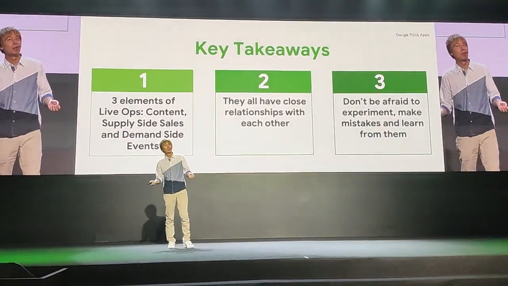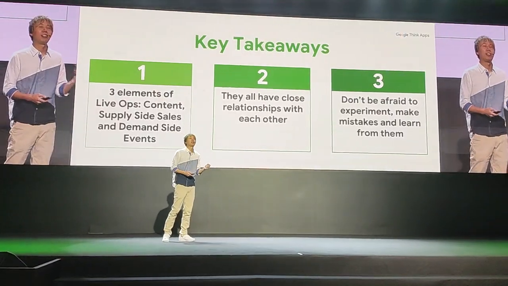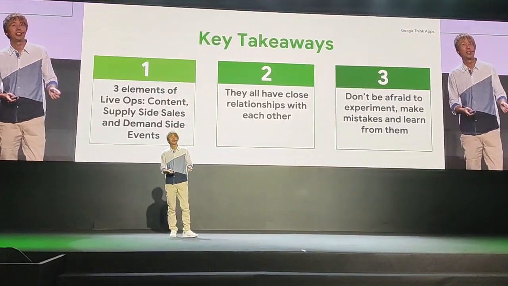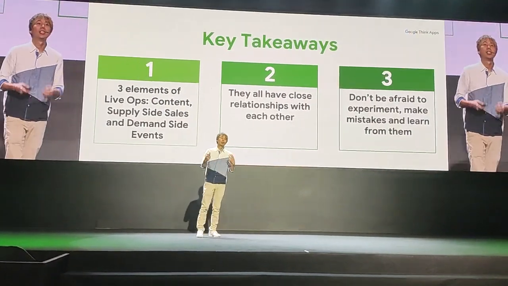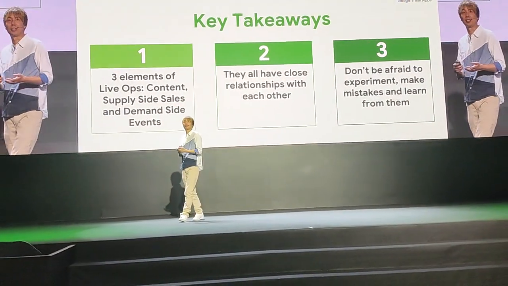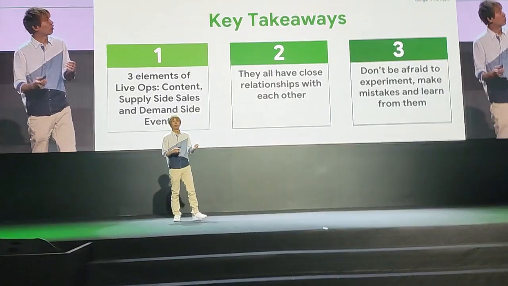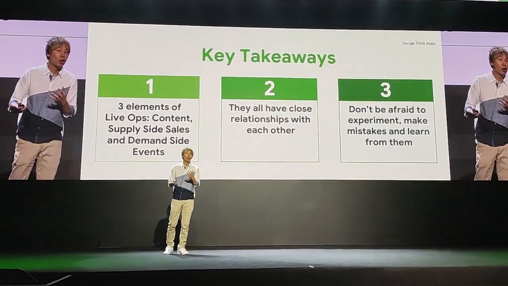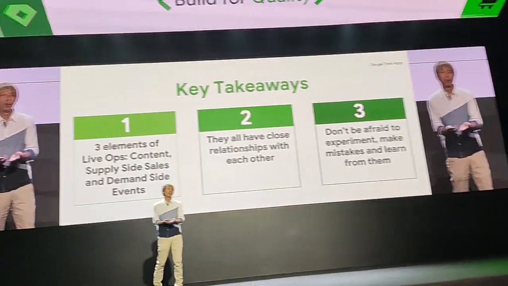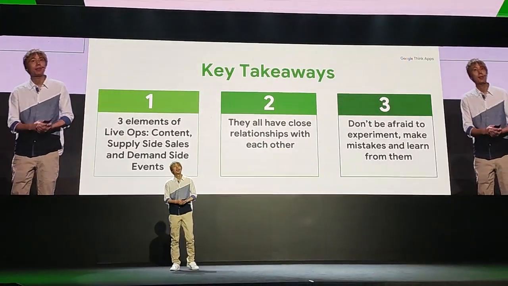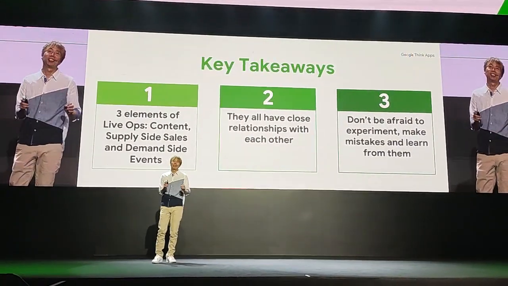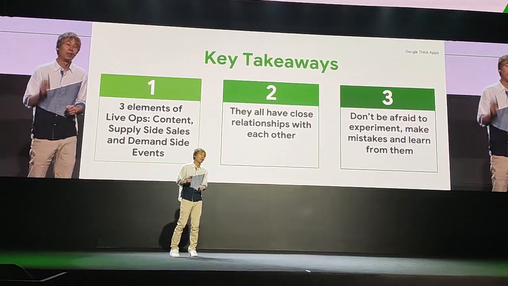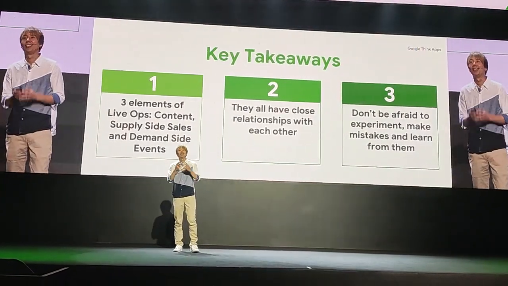So, to sum up, here are the key three takeaways from today's presentation. We have learned that live ops has three elements: content, supply-side sales, and demand-side events. They all have close relationships to each other. One will not work without the other. They all work in harmony together. And finally, and this is my most important message to everyone here, don't be afraid to make mistakes.